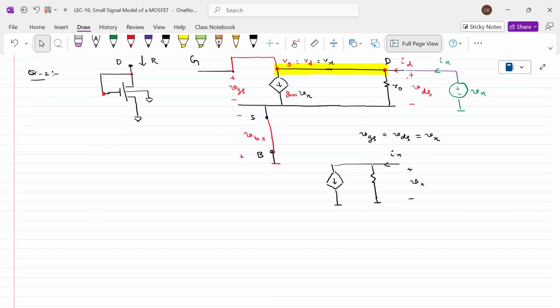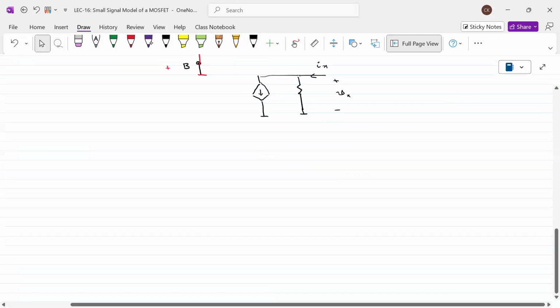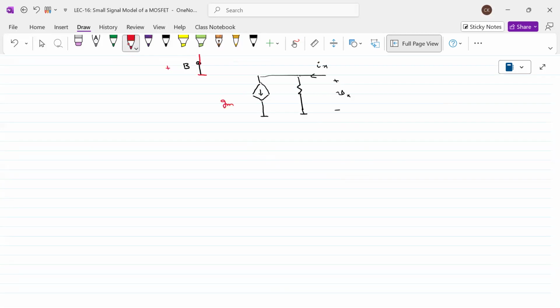This is Gm into Vx, and this is R naught. Can you tell me the ratio Vx divided by Ix? Let me consider it this way: this current is I1 and this current is I2. Therefore, Ix is I1 plus I2.